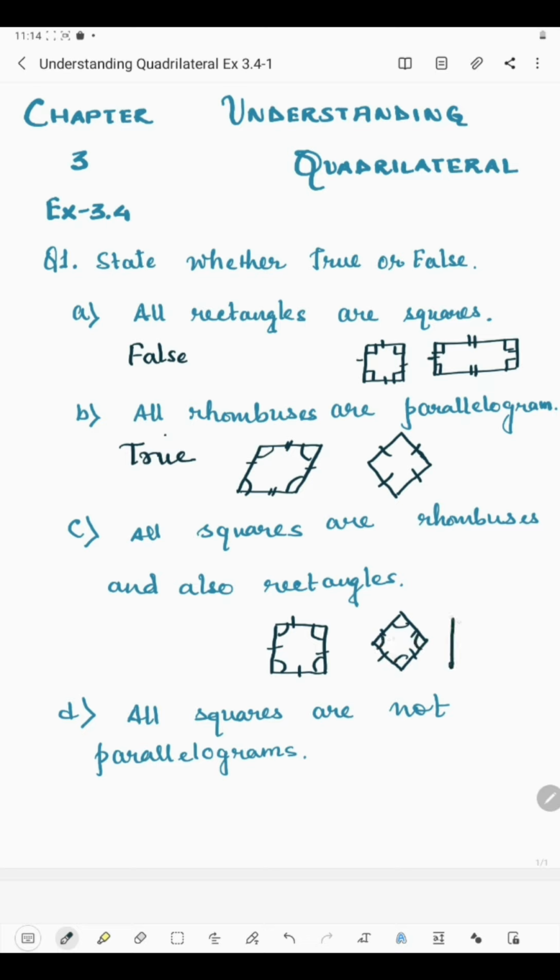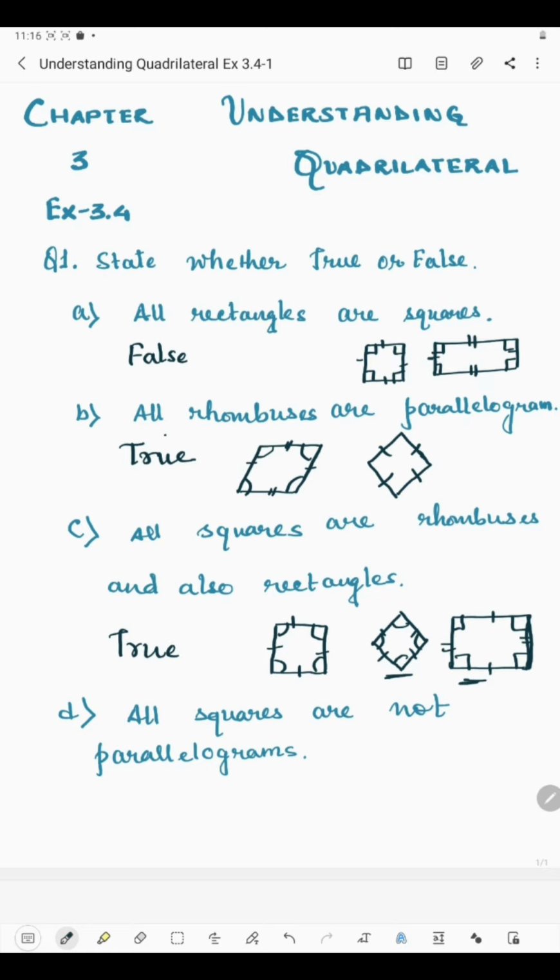In a rectangle opposite sides are equal and opposite angles are also equal. So a square has all the properties of a rhombus and a rectangle. So we can say that squares are rhombuses as well as rectangles. So this statement is true.